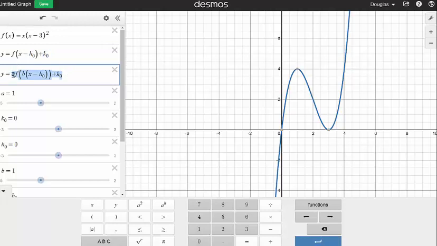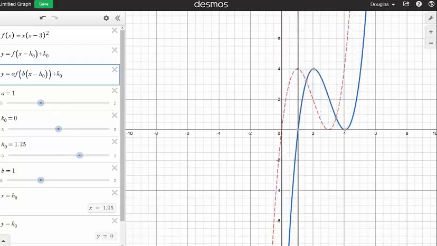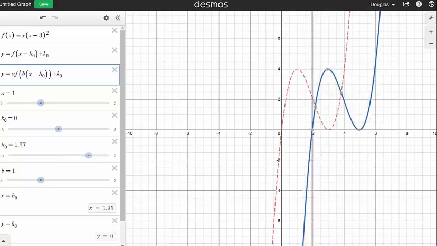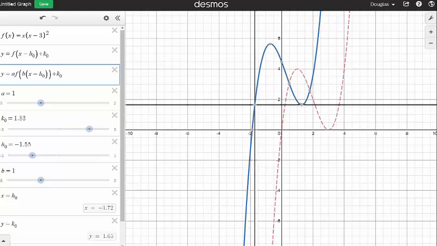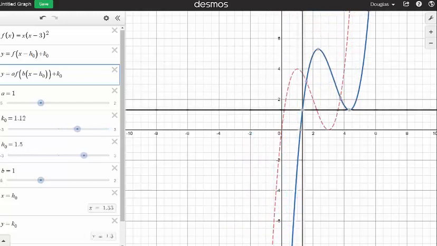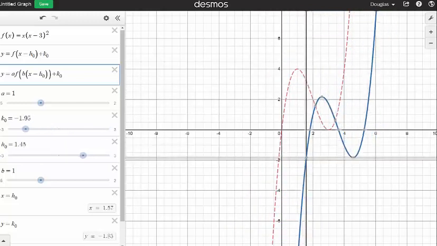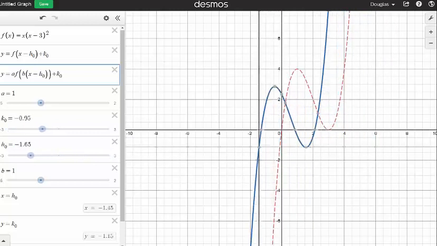This will be the function not only after it's been shifted, but also after the vertical and horizontal stretch. First, let's move it around left and right. We're just going to shift it. It goes left and right as we are accustomed, and then up and down. Note how the new axis is just moving right along with it.